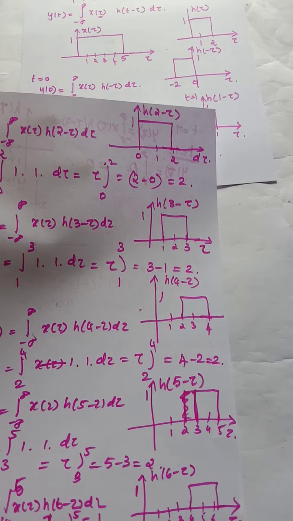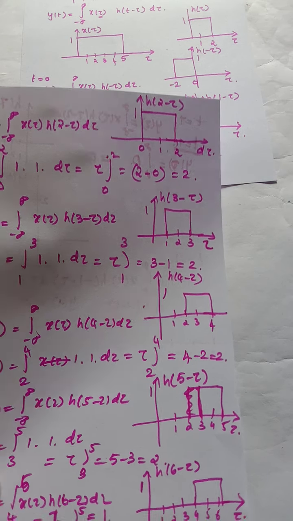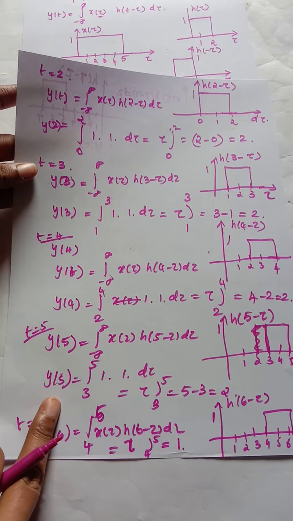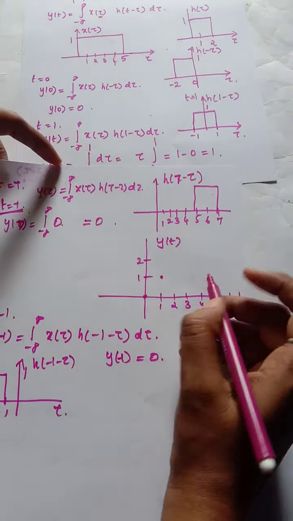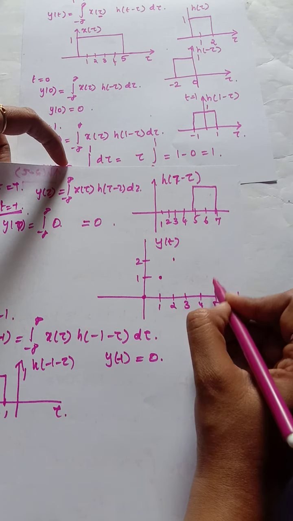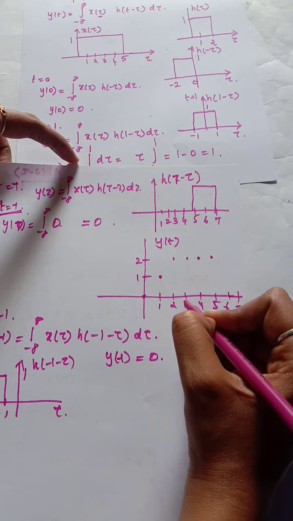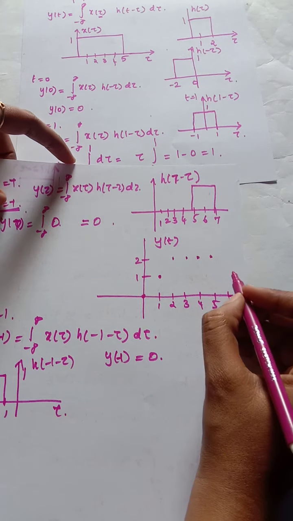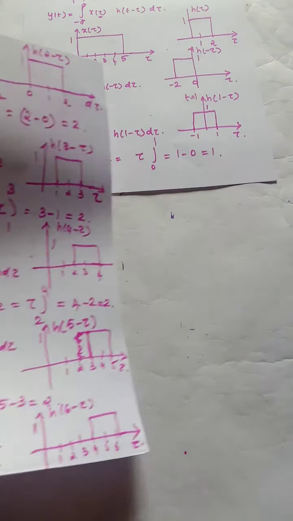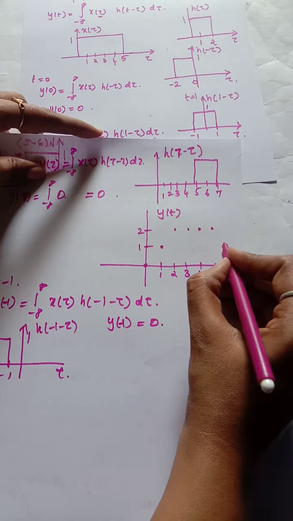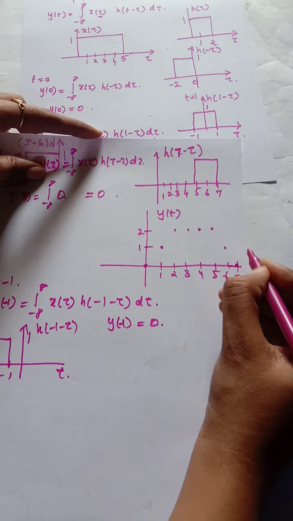Here next, from y of 2 to y of 5, it is 2. Okay, from y of 2 to y of 5 the value is 2. So for 3 and 4 it is 2. Next y of 6, the value is 1. At 7 also it is 1.